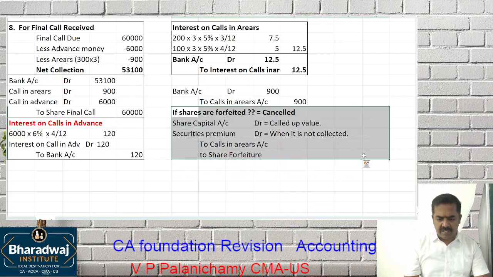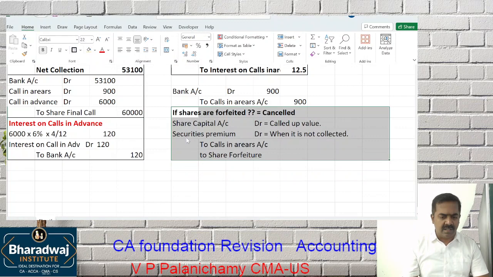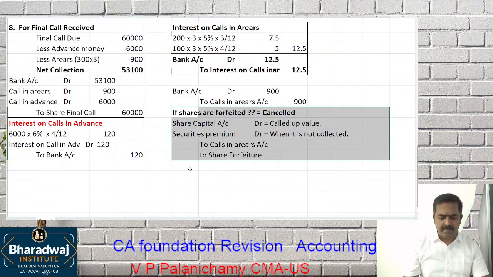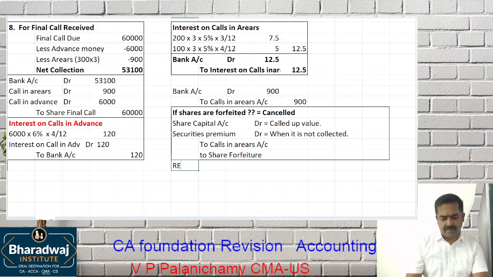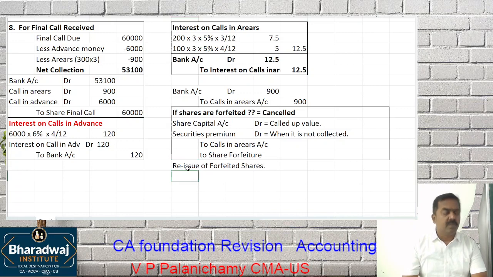Please take it up. This entry is important because based on this, a question can definitely be tested. The shares can be reissued to anyone. The company can reissue the shares. What is the entry you will pass when shares are reissued?